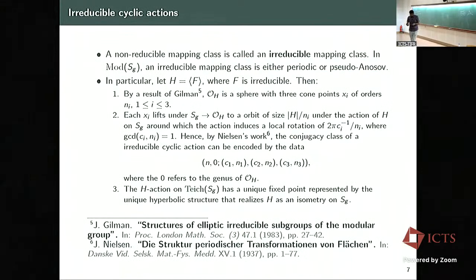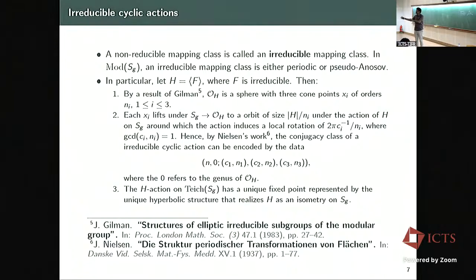And the interesting thing is, already you can associate to each irreducible action these cone points, the orbifold. This is called the orbifold signature. This orbifold will have signature N1, N2, N3, and genus 0. Then you can pull back these cone points under the branched covering, and you can study the rotation angles around the corresponding orbits that were mapped down to these cone points. That is some geometric information that you can associate to this action also.